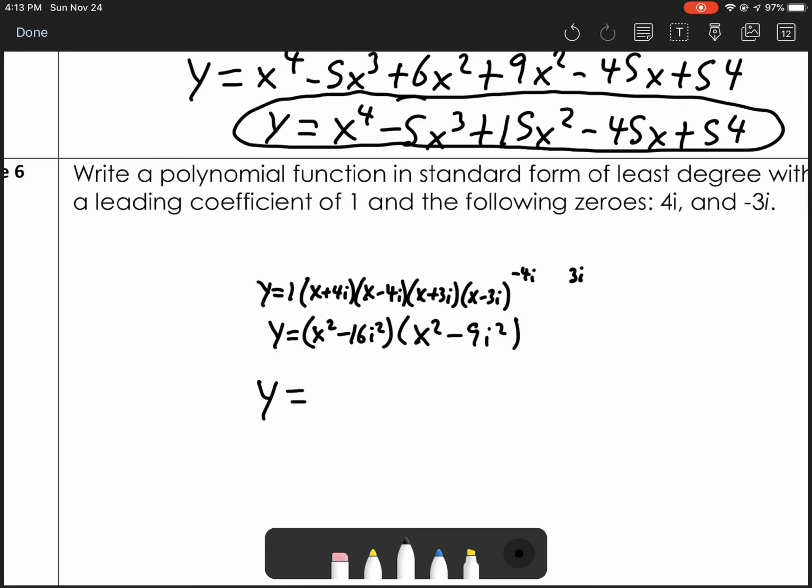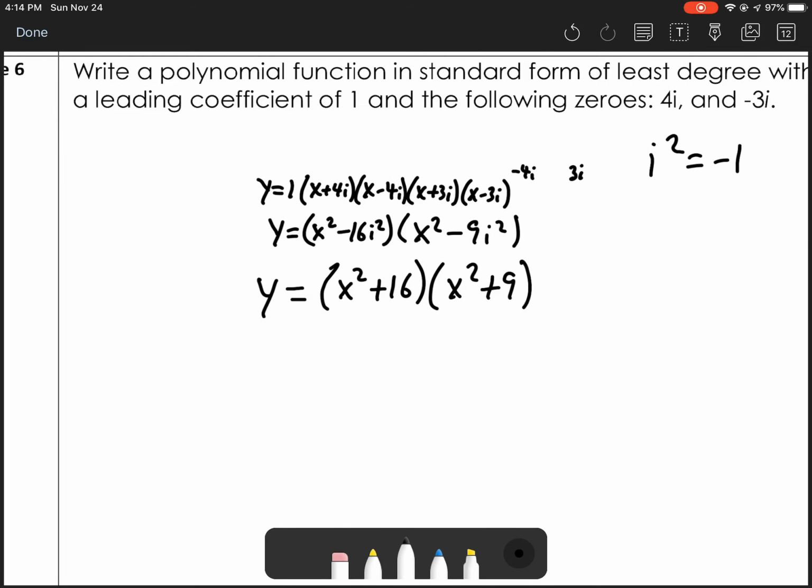And we know that i squared equals negative 1, so it's going to end up being x squared plus 16 times x squared plus 9. Now let's just FOIL these two out. X squared times x squared is x to the fourth. X squared times 9 is 9x squared. 16 times x squared is 16x squared.